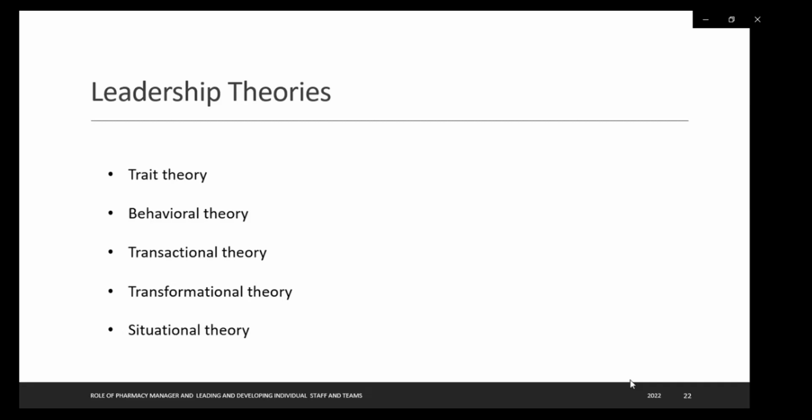And the behavioral theory of leadership focuses on how a person's environment forms him or her into a leader. The theory states that anyone can be a leader if they behave the way other leaders do. To become a manager, my past experience and working environment played a major role.